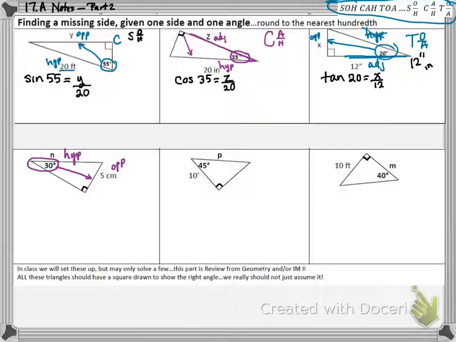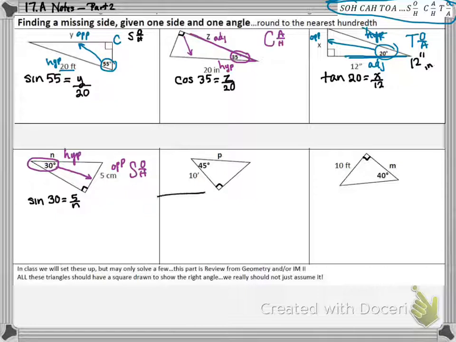The one that uses opposite and hypotenuse is sine. Sine is the opposite over the hypotenuse. So I'm going to say sine of the only angle I know is the side opposite over the hypotenuse. Letter on the bottom makes it just a little different when we actually work it out.